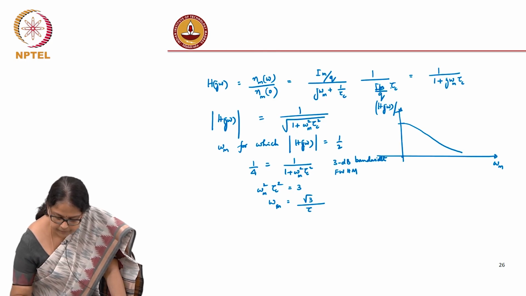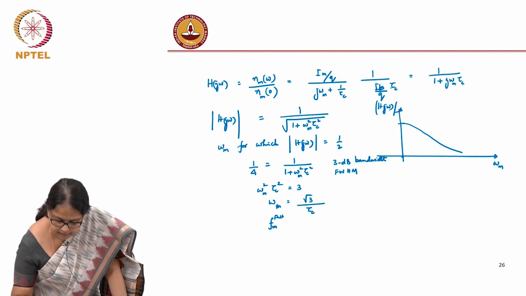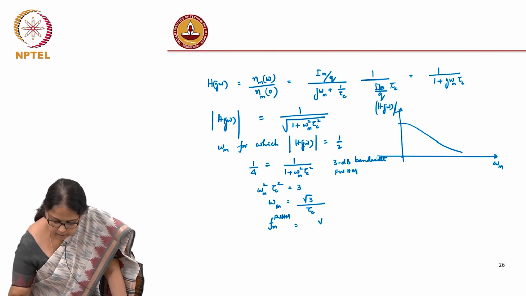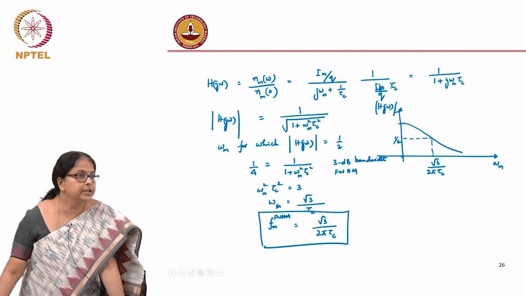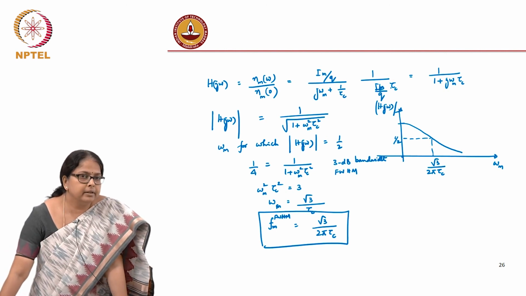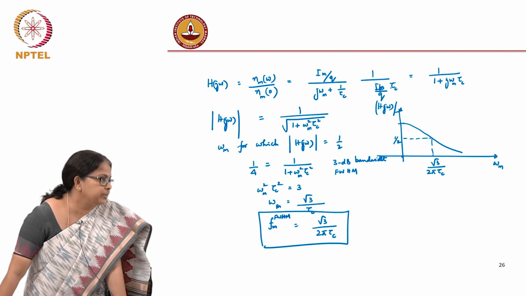So, root 3 by tau c, or Fm at full width at half maximum is root 3 by 2 pi tau c. So, at root 3 divided by 2 pi tau c, efficiency dropped by, the transfer function dropped by 50%.